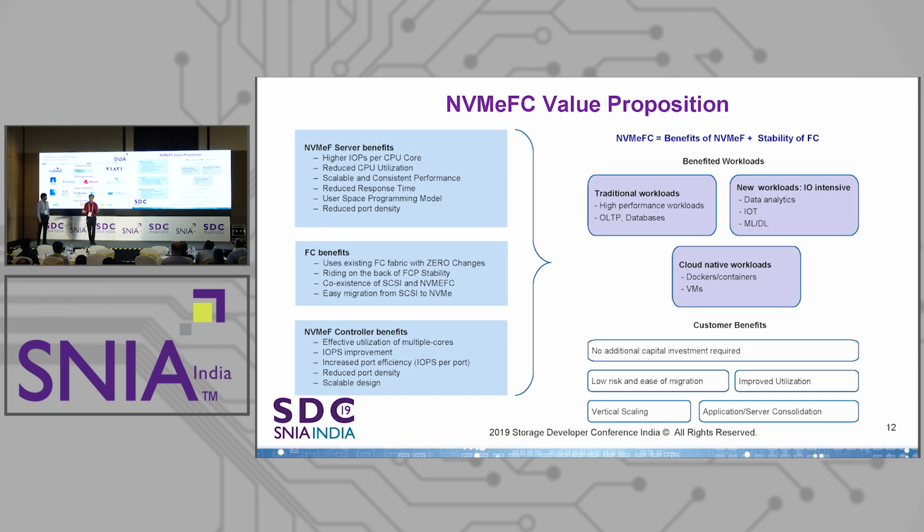This is what a cloud environment does, it tries to pack everything in a single server. This is a major benefit for the customer, and Mohit has shown very clearly how CPU utilization goes down with NVMe-FC.